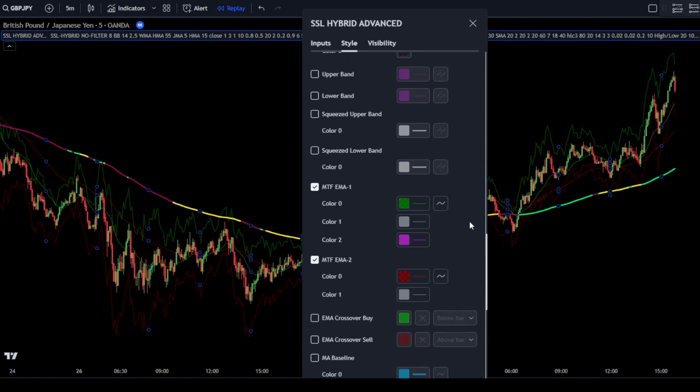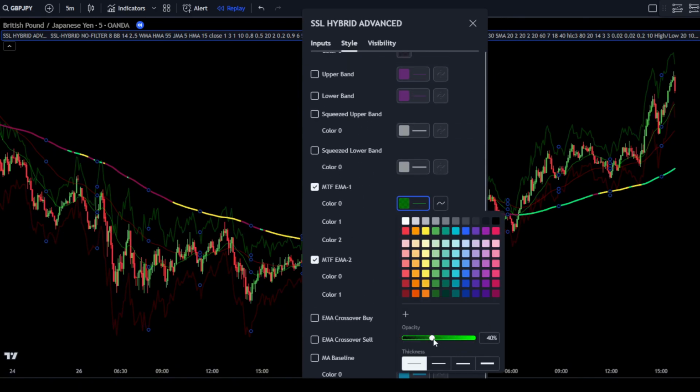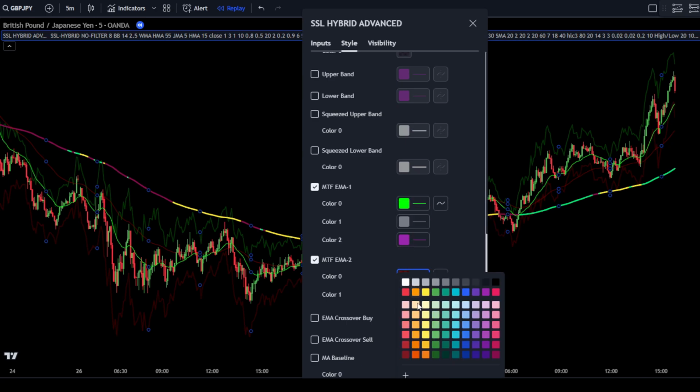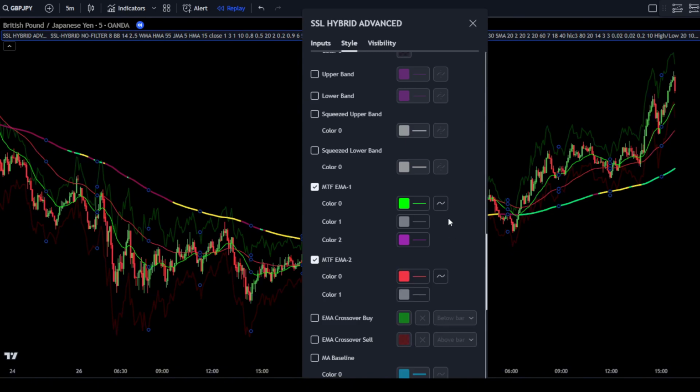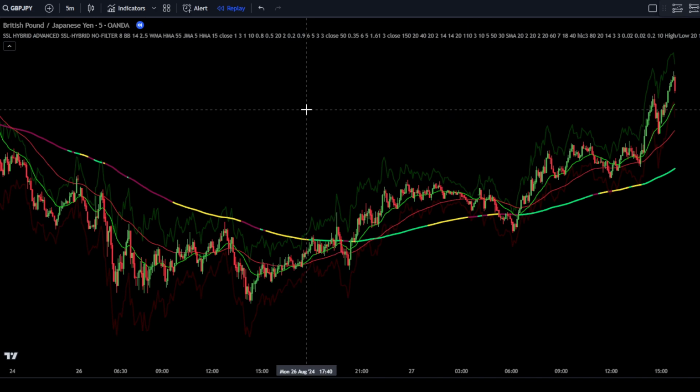Then, set the colors for MTF EMA 1 and MTF EMA 2. Once done, just click OK to confirm the changes. The SSL Hybrid Advanced Indicator will be used as a trend guide and to place stop losses in the market.